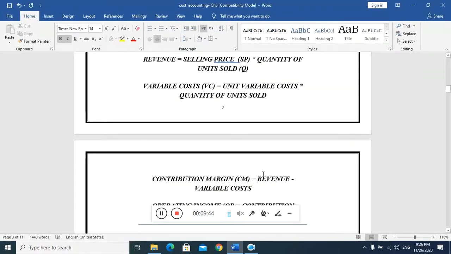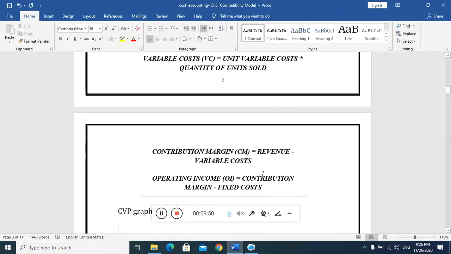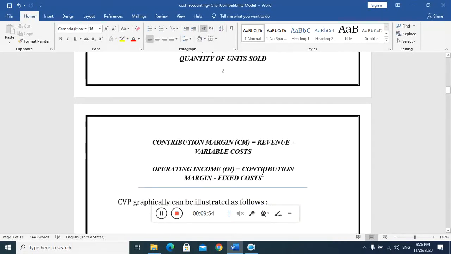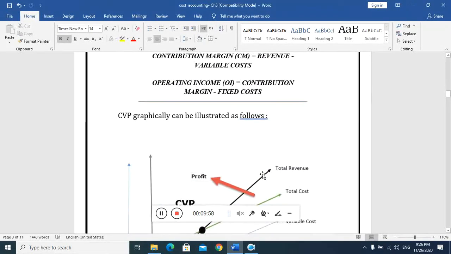Contribution margin equals revenue minus variable costs. So operating income will equal contribution margin minus fixed costs. This is the equation method.